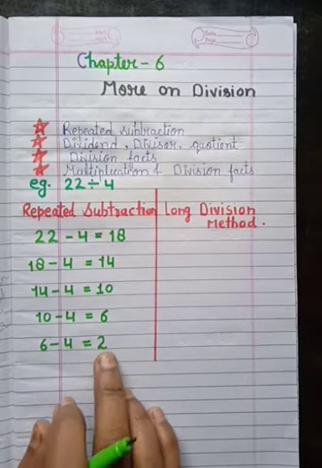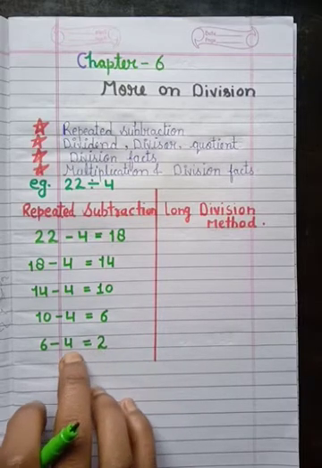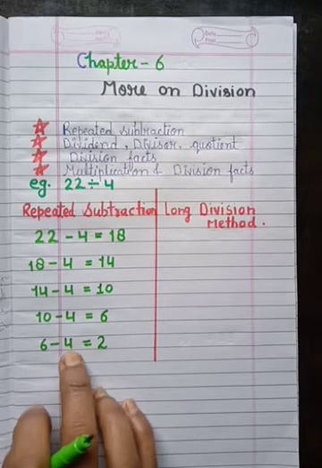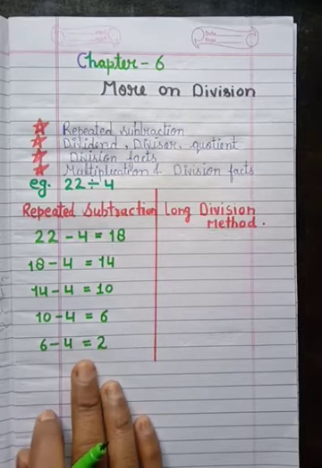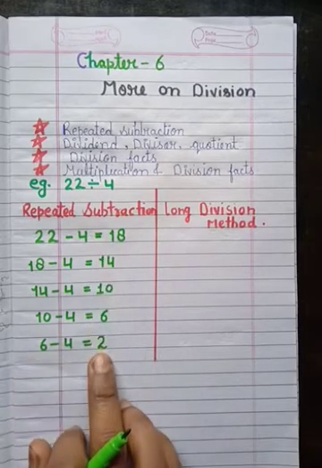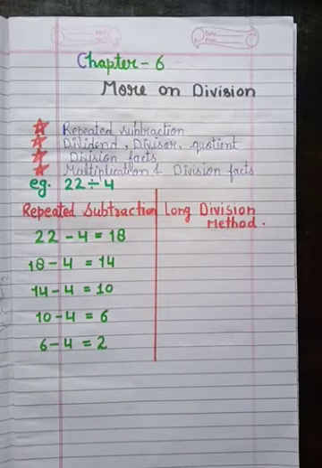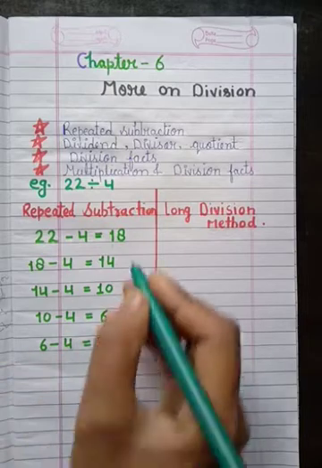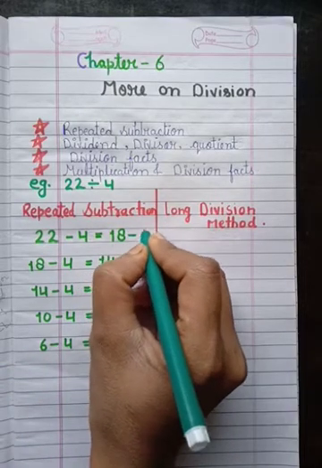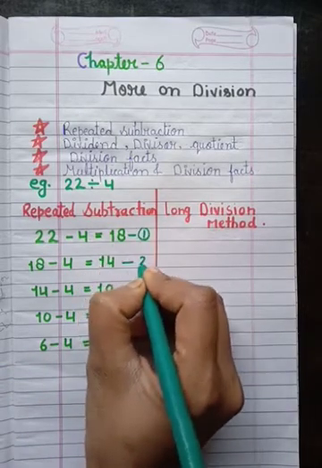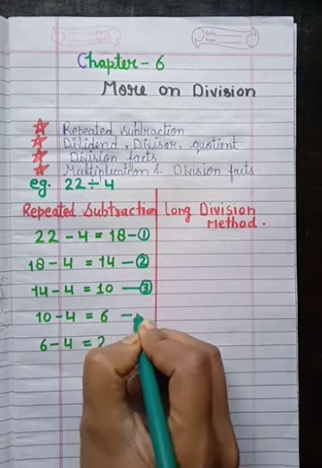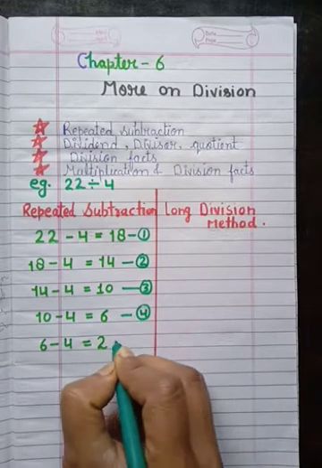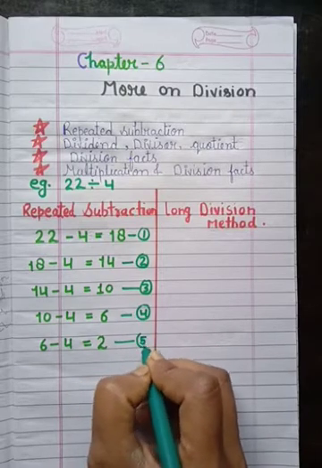Here 2 is less than 4, so we stop now. Now let's count the number of steps: step number 1, 2, 3, 4 and 5.